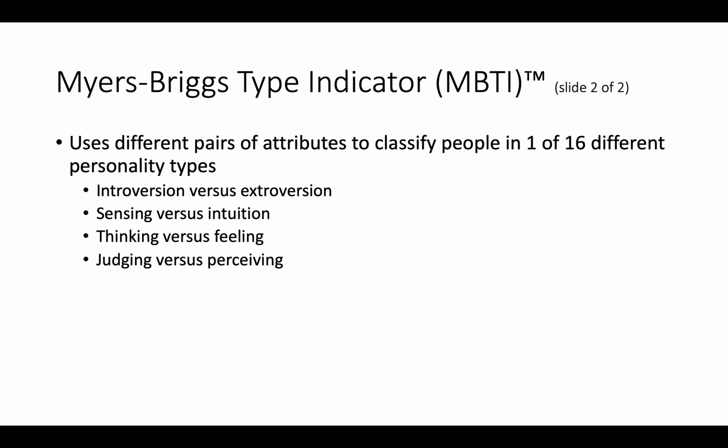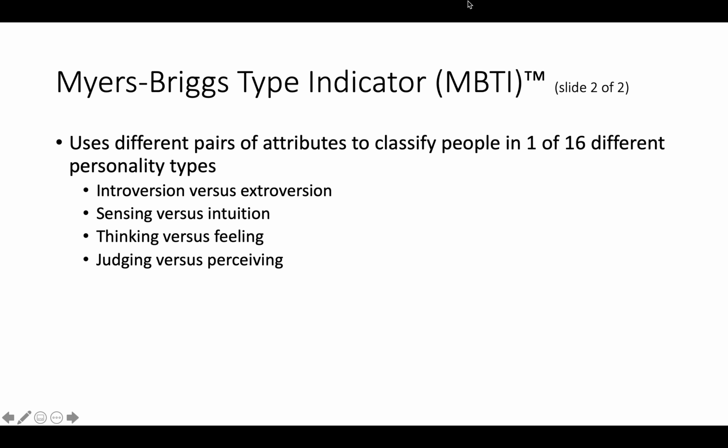personality. Sensing versus intuition: here people rely on their senses to gather information, and some people use intuition to come to information. Then you have the thinking versus feeling type person.